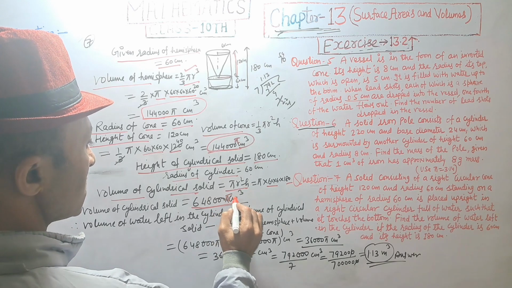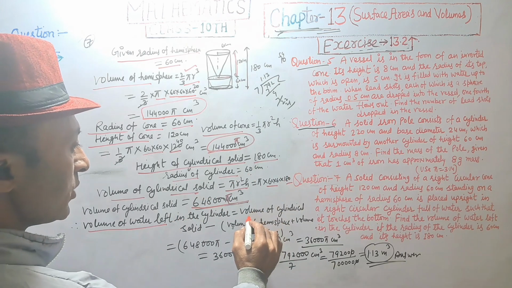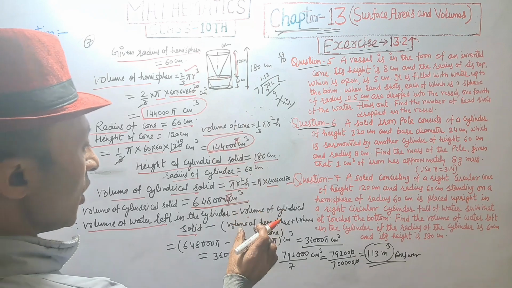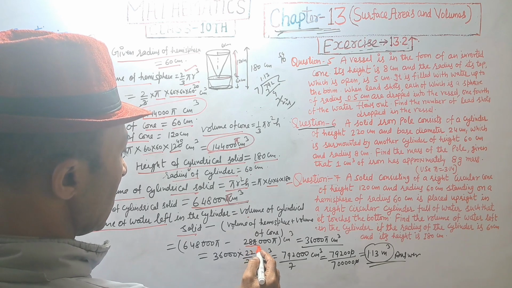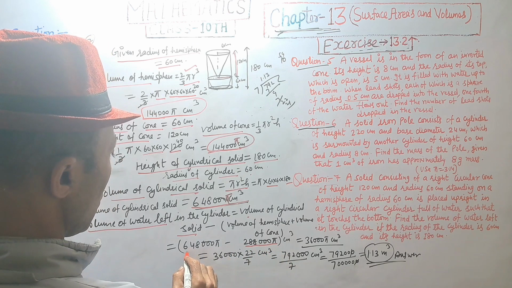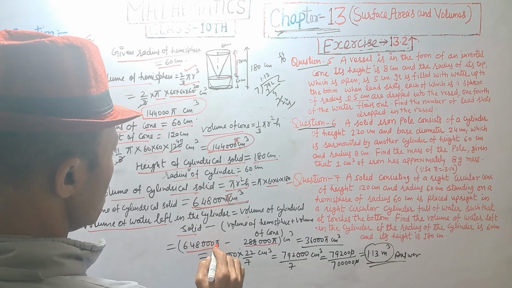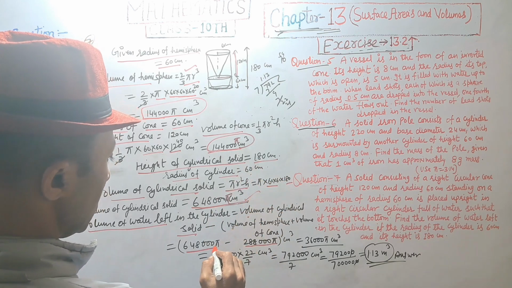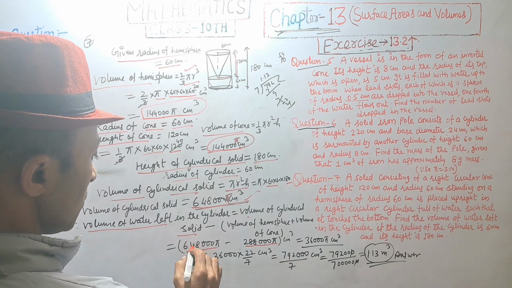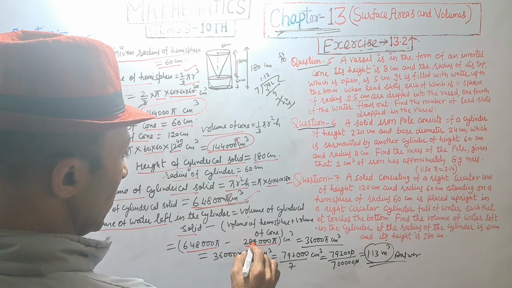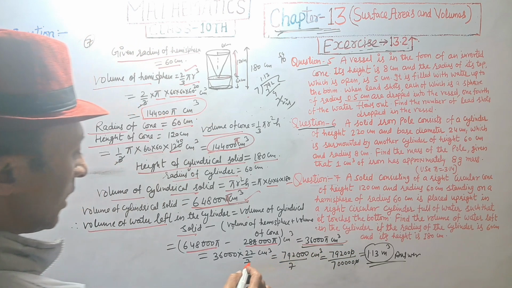So volume of cylindrical solid is pi r square h, pi into 60 into 60 into 180, that is equal to 648,000 pi centimeter cube. And volume of water left in the cylinder is equal to volume of cylindrical solid minus volume of hemisphere plus volume of cone. Total sum is 288,000 pi, and volume of cylinder is 648,000 pi centimeter cube. Subtracting 648,000 pi and 288,000 pi, we get 360,000 pi centimeter cube.